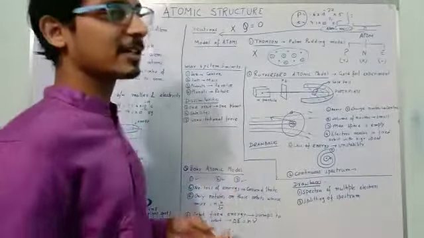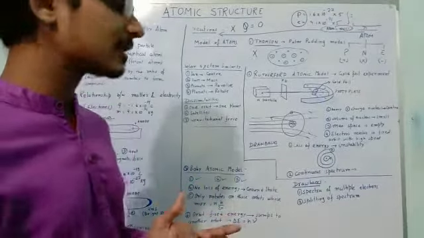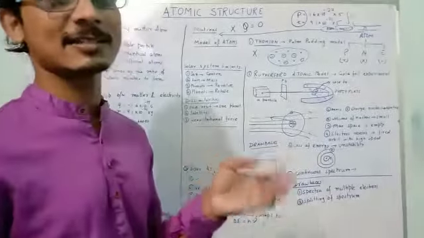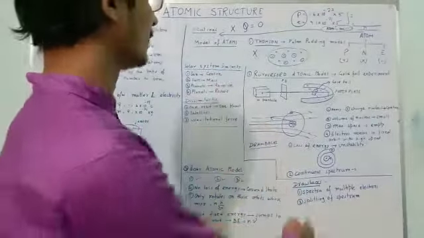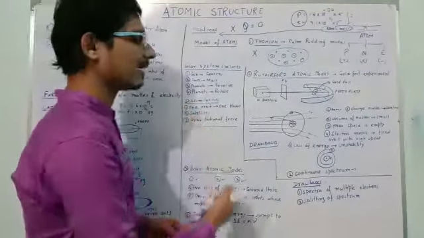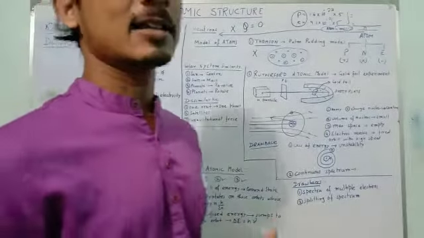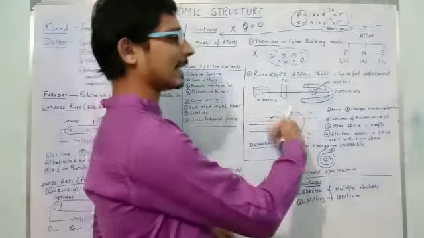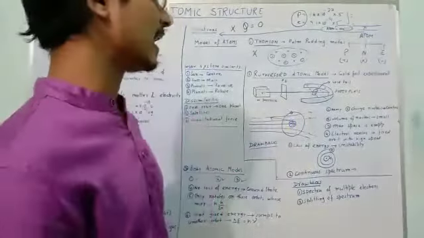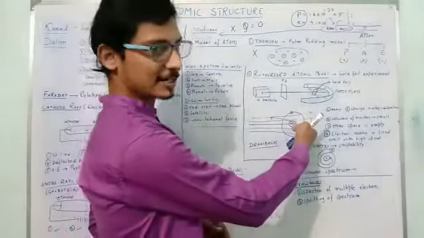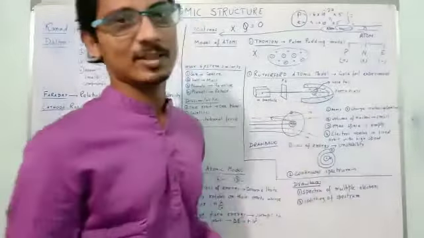Number two, in our solar system, we have natural satellites, like the Earth has a natural satellite called the Moon. But here, no such satellite is present. And number three, the planets are revolving with the help of gravitational force. And here, the electrons are revolving with the help of electrostatic force between the positively charged nucleus and the negatively charged electrons.